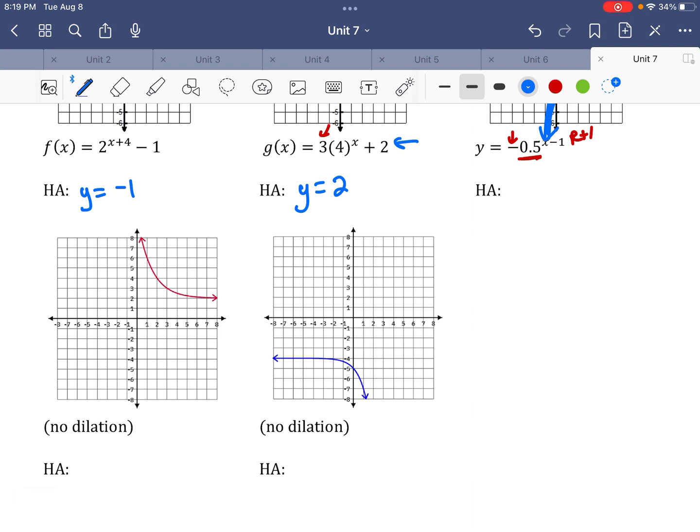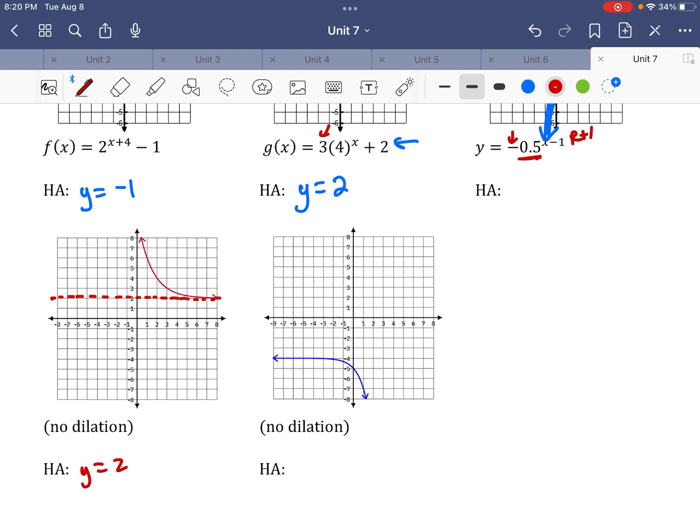Okay, in these two problems here, I have not done any dilations, so we're basically going to be looking at these graphs here. It looks like I have an asymptote here of 2, so y equals 2. And to come up with an equation, we're basically not sure. We're just going to treat this as a decay, I guess. We don't really know what exactly the base of it is.